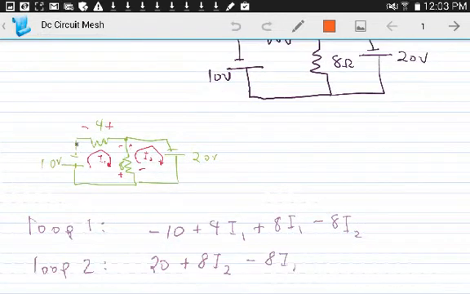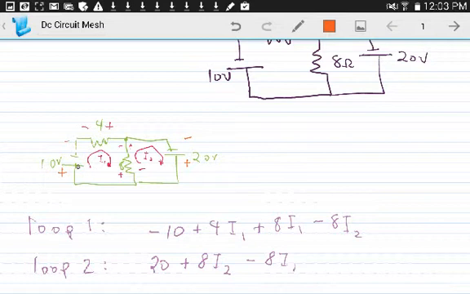Positive, negative. Okay, for loop 1, we can start anywhere, but I chose to start here. I like to use the sign that's leaving to determine the polarity of my voltage.